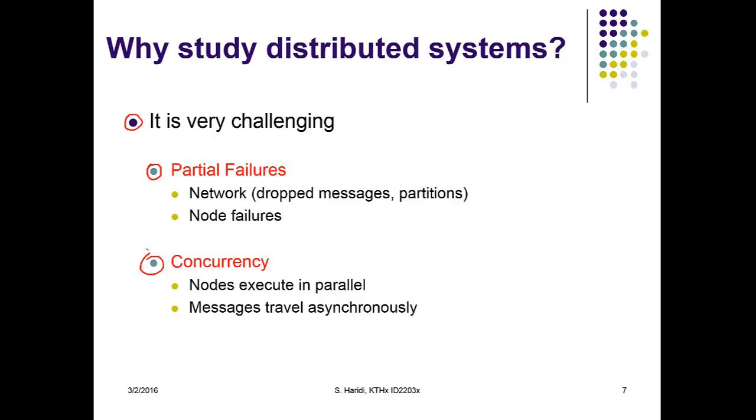Another aspect is concurrency. A distributed system really consists of a number of processes executing in parallel, and that is parallel or concurrent programming. So a distributed system consists of both parallel computing and partial failures. This together makes it more challenging.